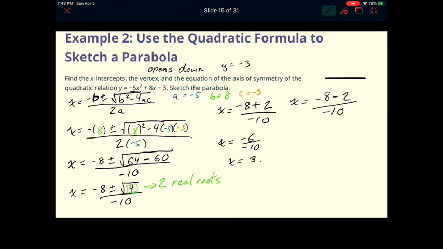We end up with 3 over 5. And we end up with negative 10 over negative 10. Again, the negatives cancel each other out, and 10 over 10 is just 1.